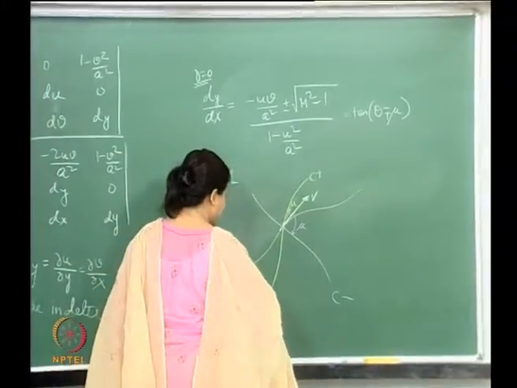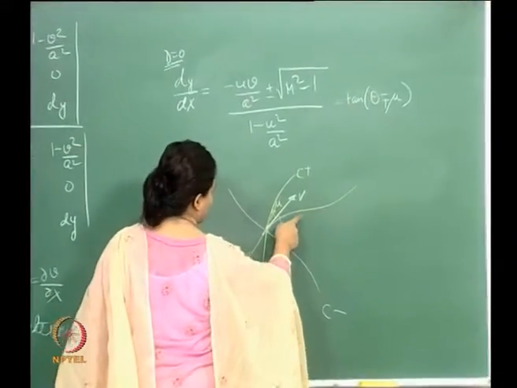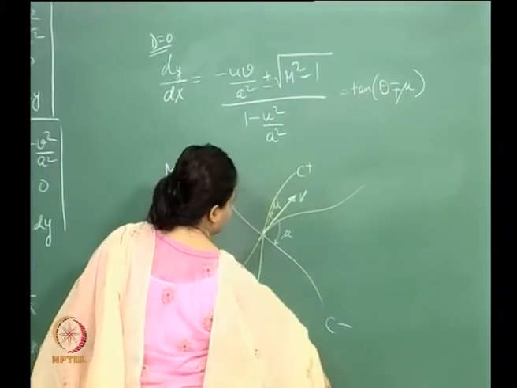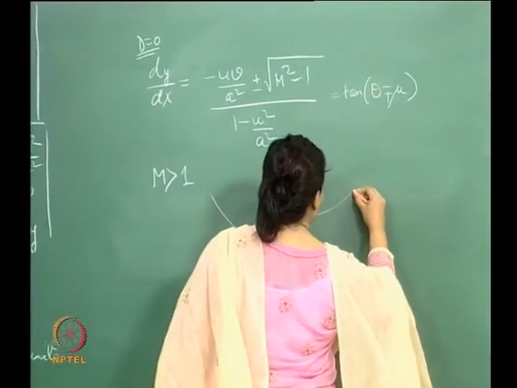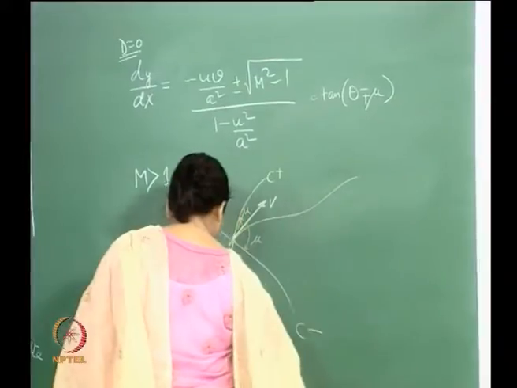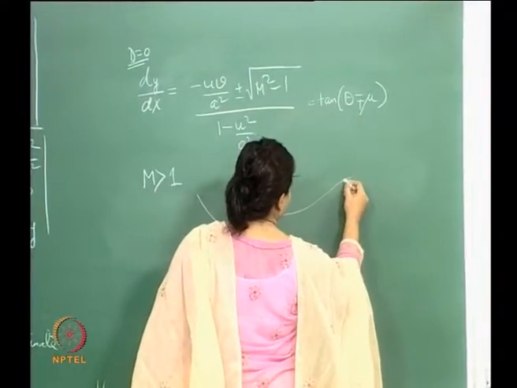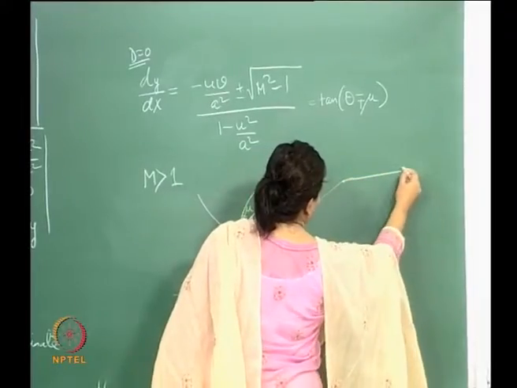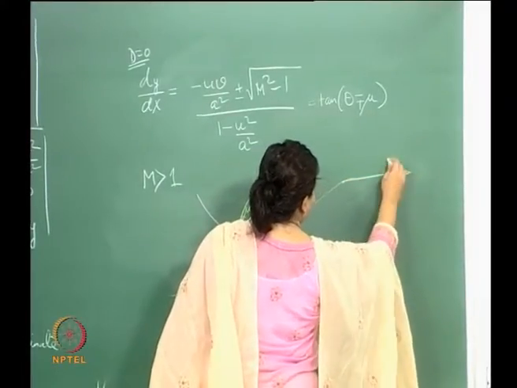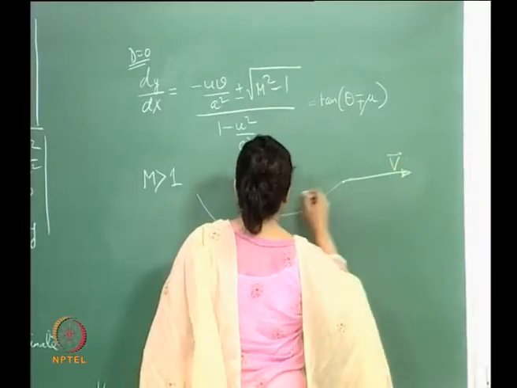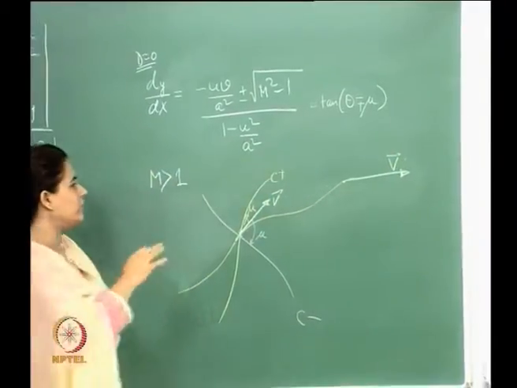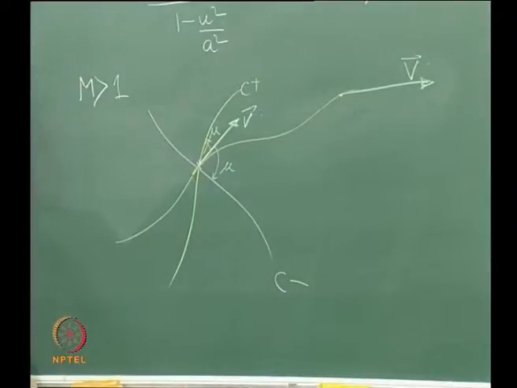Now, just look at this. For example, this is a streamline, right. Now, for example, at this particular point, this is the direction of V. So, what we see is the direction of V is changing on this particular streamline.